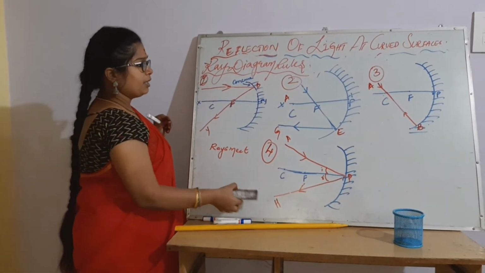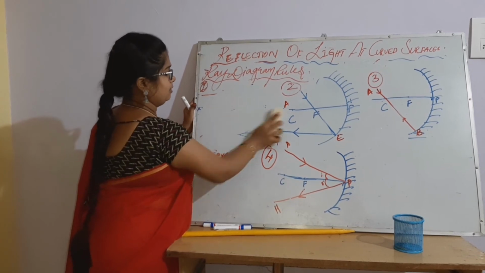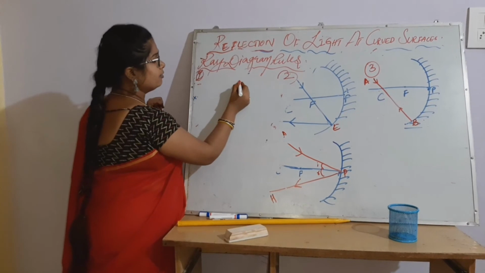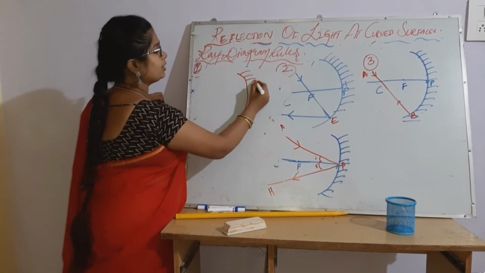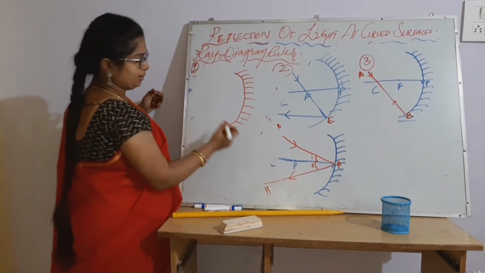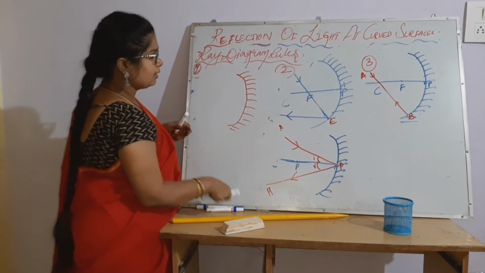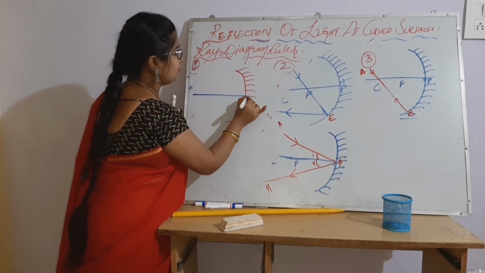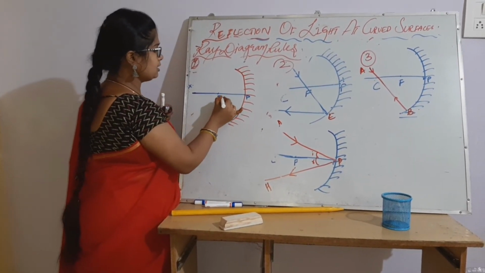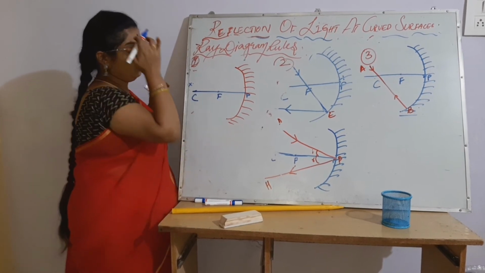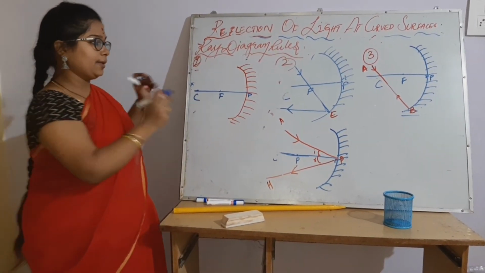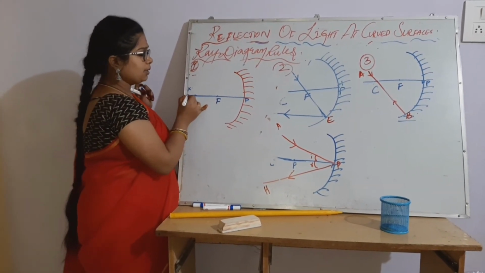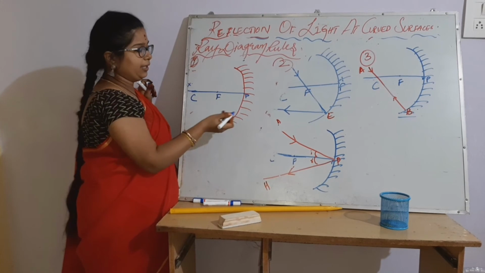For example, this is a concave mirror, and this is the principal axis, pole, focus, center of curvature. When some object is kept, I'll explain very clearly.